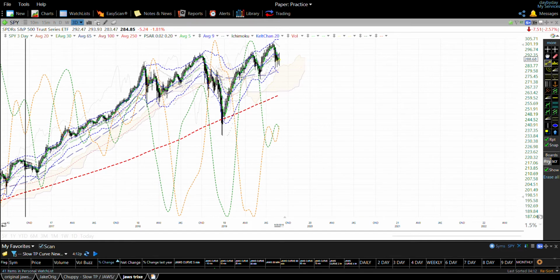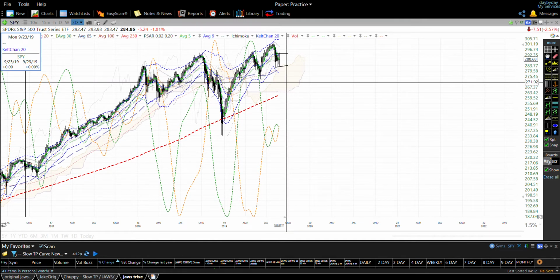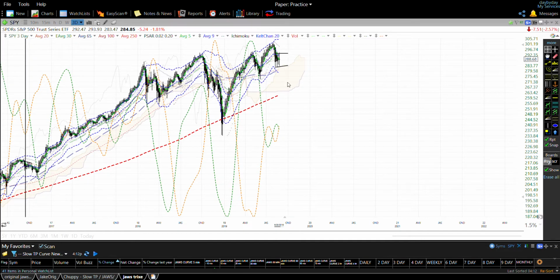So we've got this noisy channel right here, which looks like in the duration of time could be quite similar. We've got that same noisy sort of channel right there, and that would extend all the way out to possibly October.